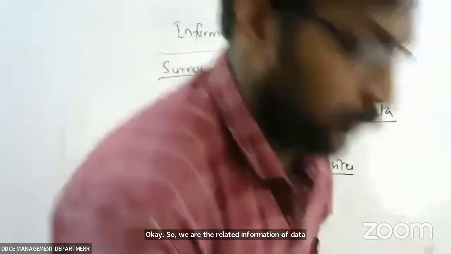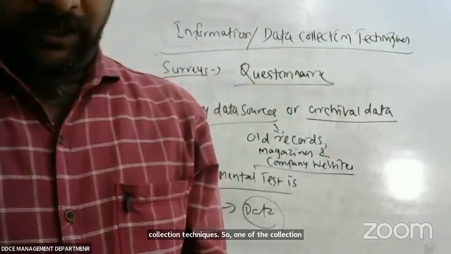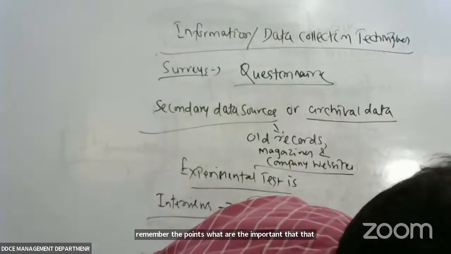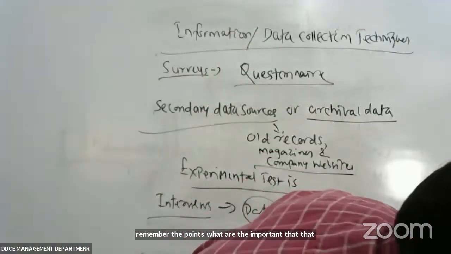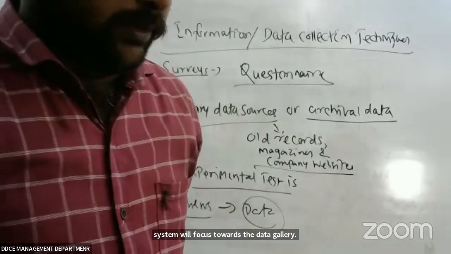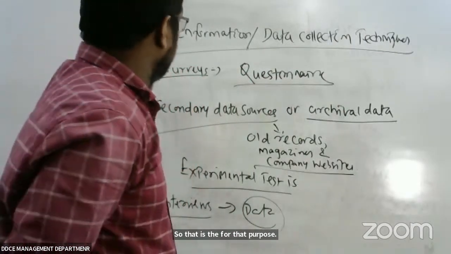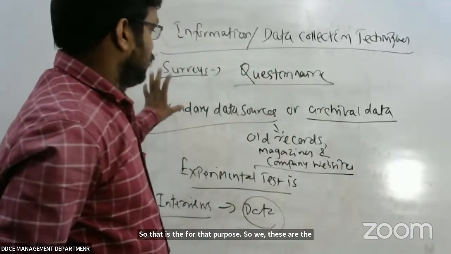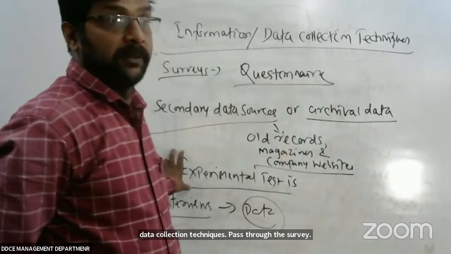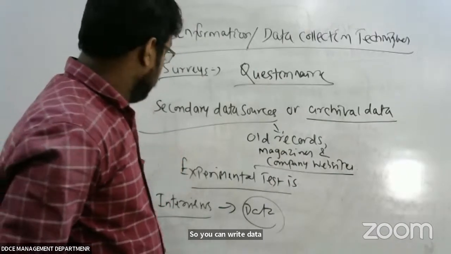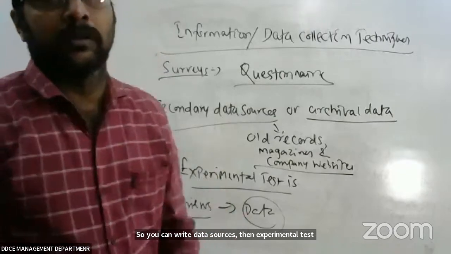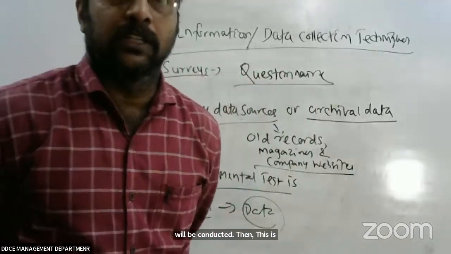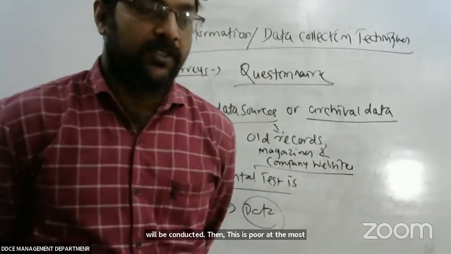I will give the entire note, but now remember the points. Because the information system focuses on data gathering, the four most important techniques are: first the survey, secondary data sources, then experimental tests, then interviews.